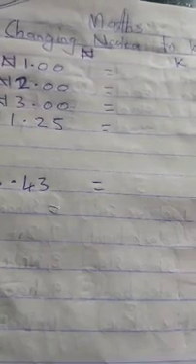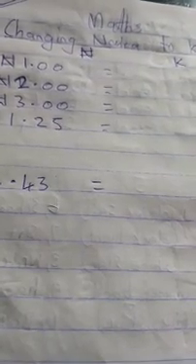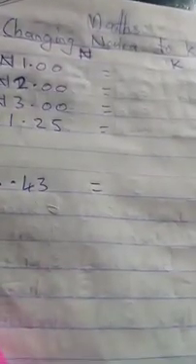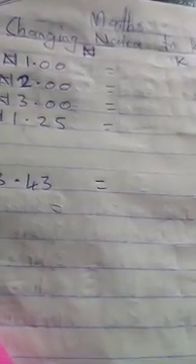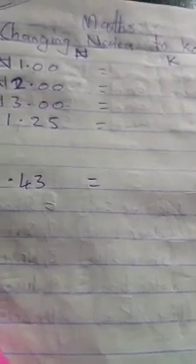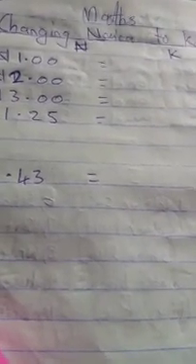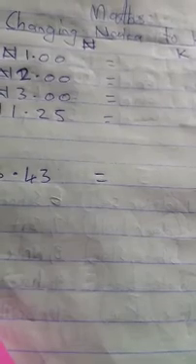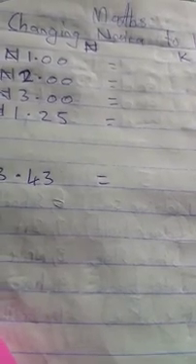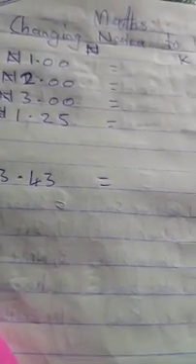2 Naira is 200 Kobo. 3 Naira, 300 Kobo. 4 Naira, 400 Kobo. 5 Naira, 500 Kobo. 6 Naira, 600 Kobo. And that is how it goes.